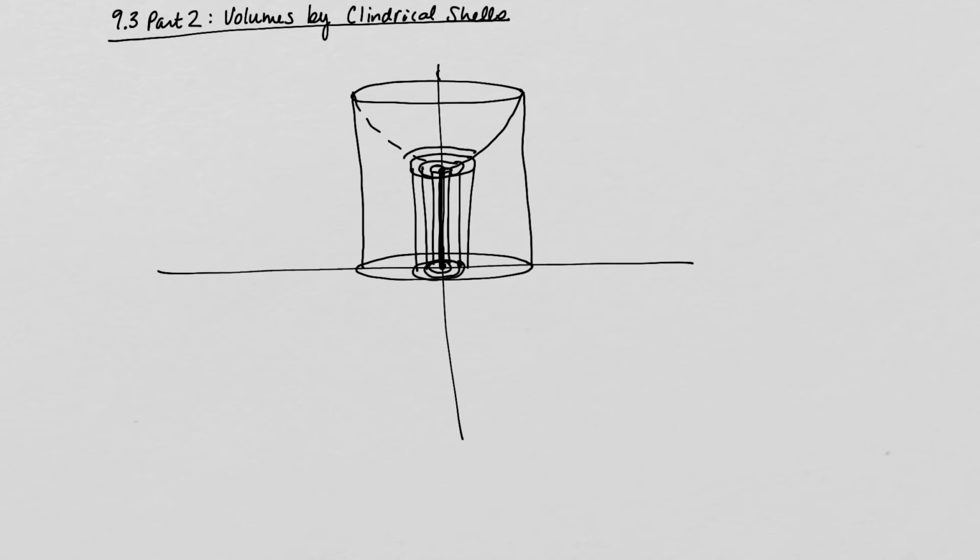As I move up, I've got even more cylinders, and even up here, here's another cylinder. So you can think of your shapes as being made up of a bunch of these cylinders, until I finally got out to that very last cylinder that we had.